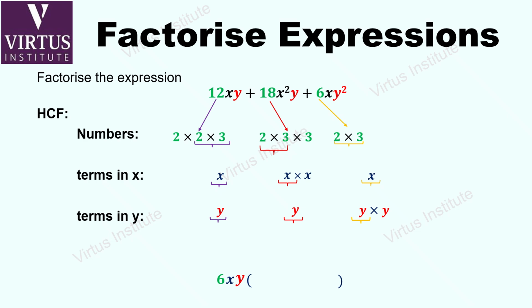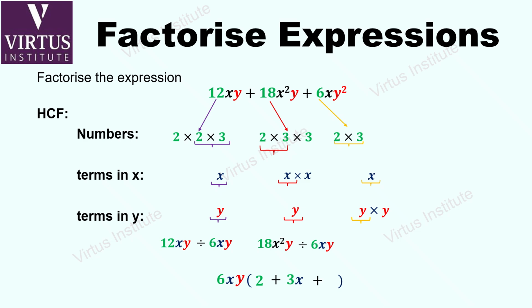Next, fill in the brackets by dividing each term by 6xy. So 12xy divided by 6xy becomes 2. 18x squared y divided by 6xy becomes 3x.